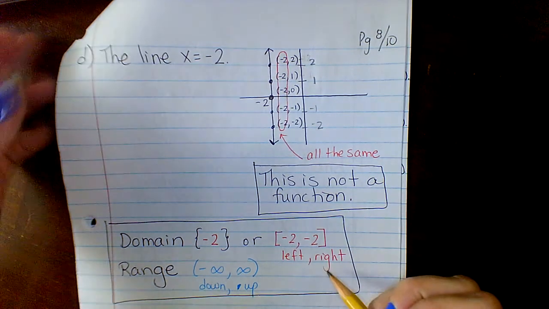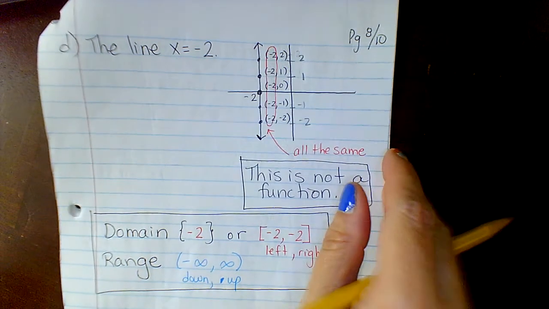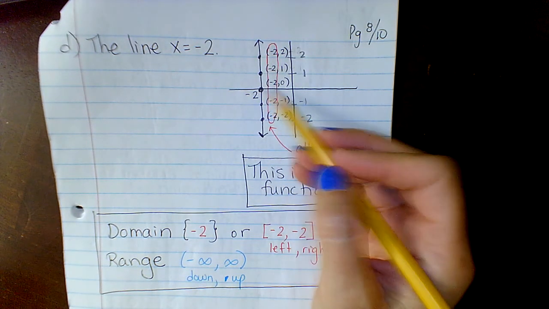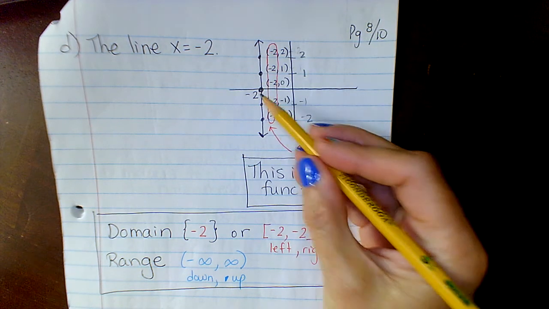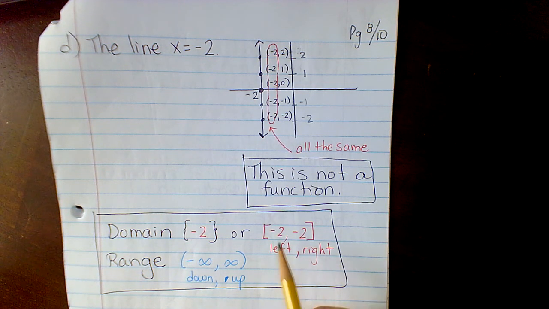The domain for this, how far to the left does it go? Well, -2. How far to the right does it go? -2. It doesn't deviate from -2 on the x-axis. So you can write it as just the single point -2, or you can write it as the interval from -2 to -2. That's an interval containing 1 point.